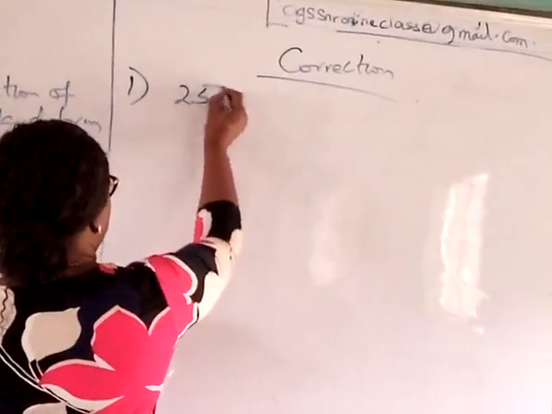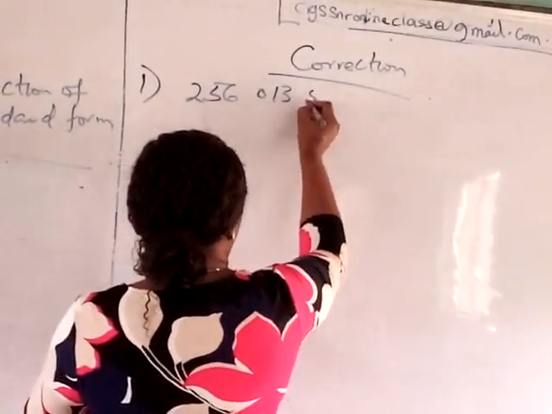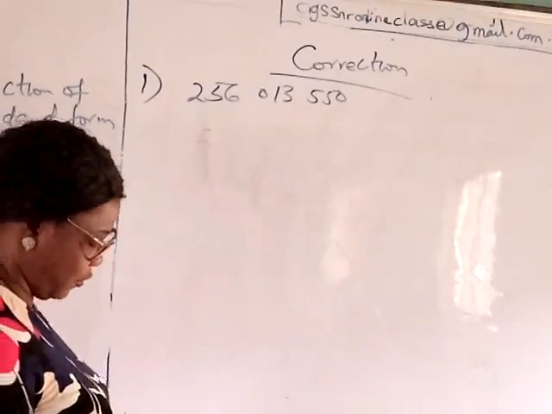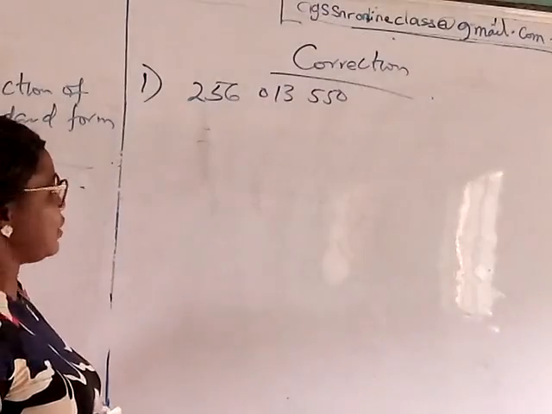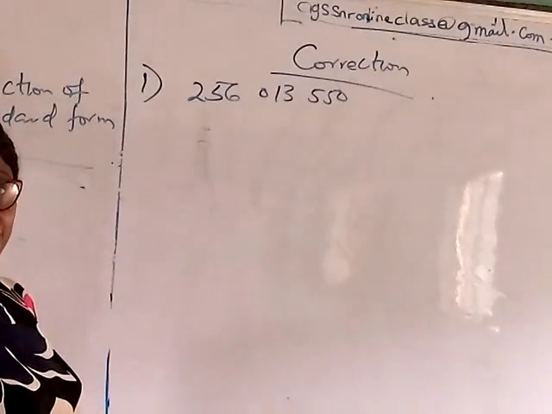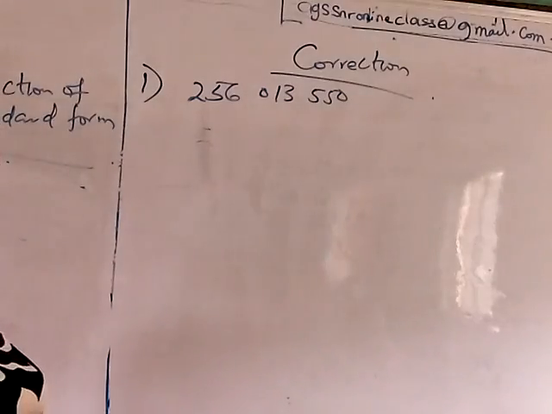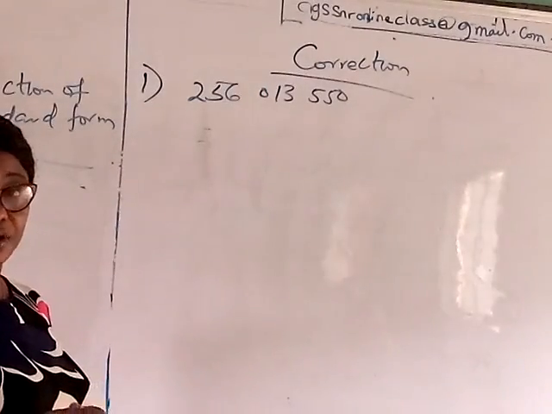2, 5, 6, 0, 1, 3, 5, 5, 0. We have to take this to standard form. If we can recall, we said last lesson that when a number is asked to be taken to standard form, it has to be in the format of the original number being reduced to a number between 1 and 10.